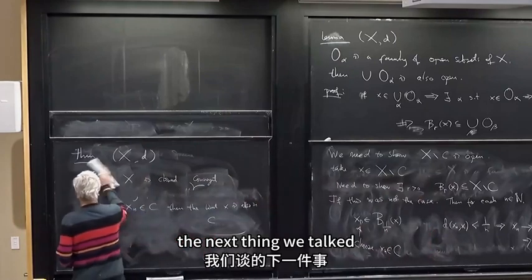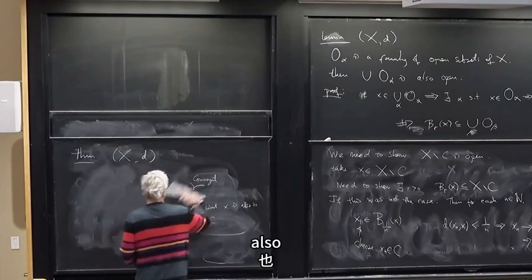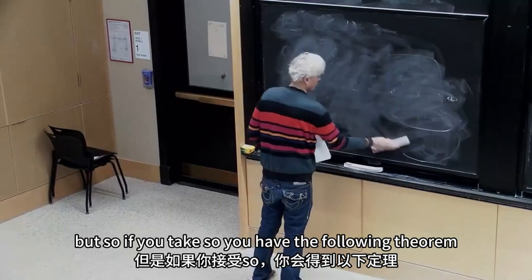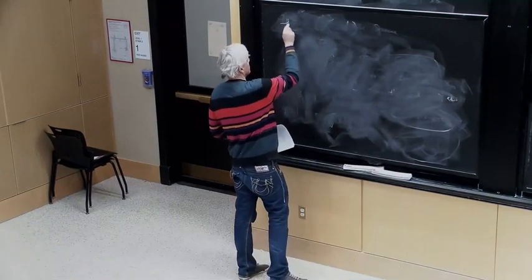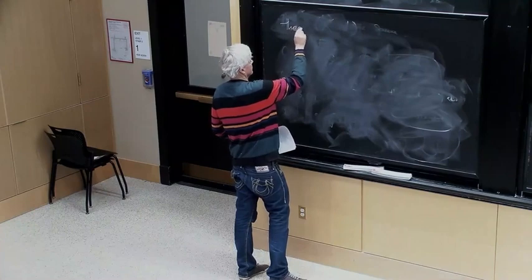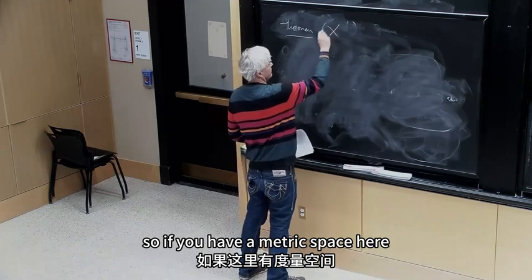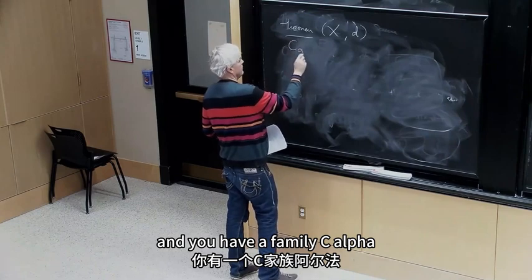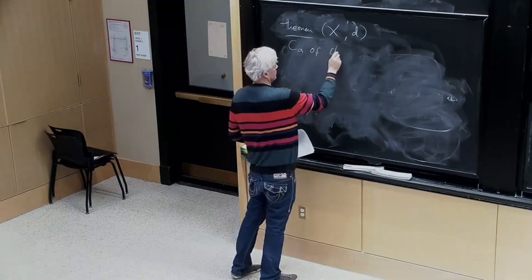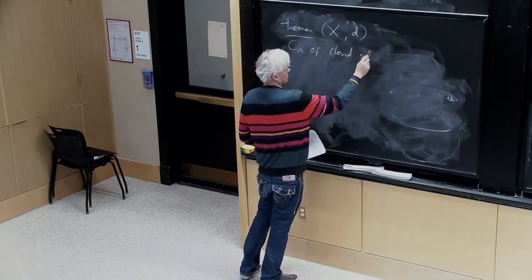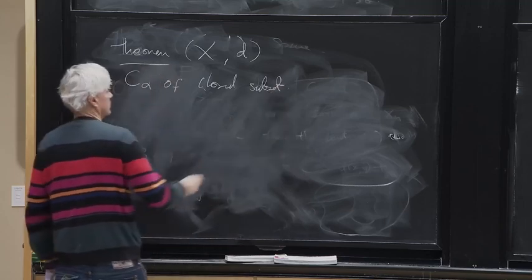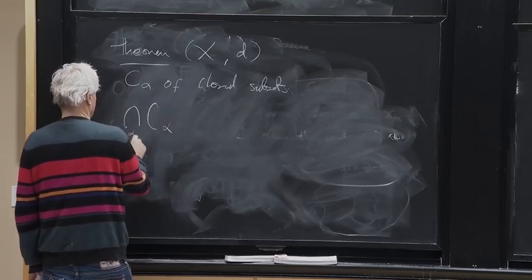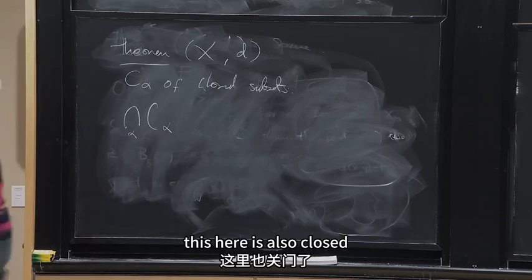The next thing, I think we talked very briefly about that last time, also because we talked a little bit about closed subsets. But you have the following theorem. If you have a metric space, and you have a family C alpha of closed subsets, then the intersection of these closed subsets is also closed.